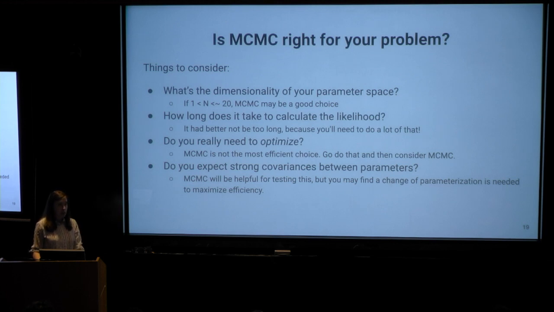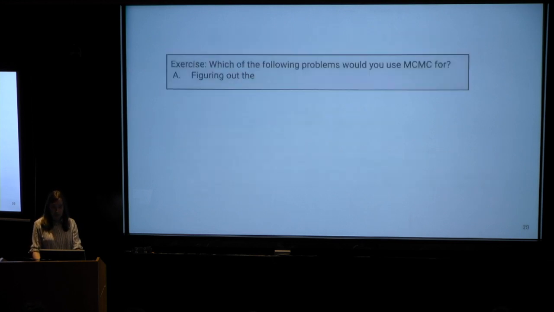But it can run slowly if the covariances are too strong, because you're going to end up with a lot of rejected samples if your algorithm doesn't know naturally that changing this one means that you should also change the other one at the same time. So we can reparameterize, and there will be a little bit related to this in the exercises, in order to make MCMC a better fit for this.